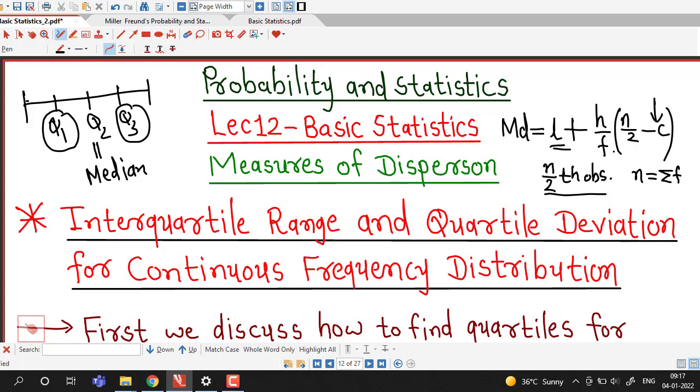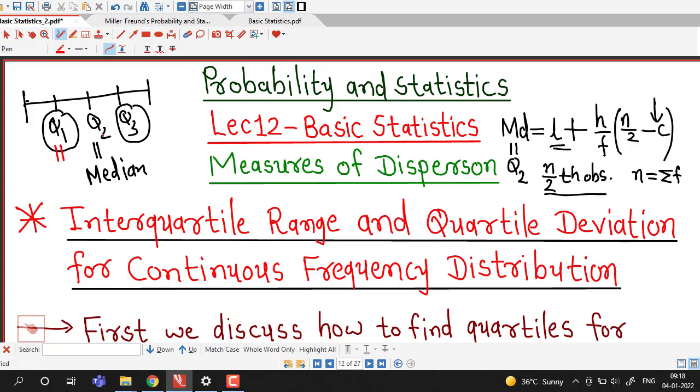So in case of second quartile, Q2 equals median, and median is given by this formula. Now for first and third quartile, the formula is similar with some changes. Suppose we are interested in the first quartile.